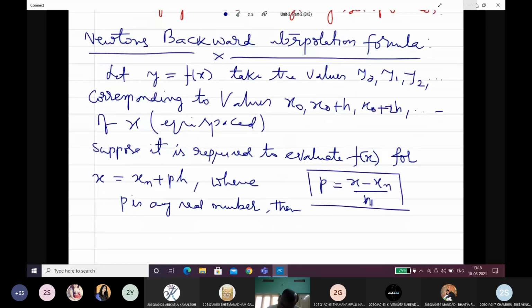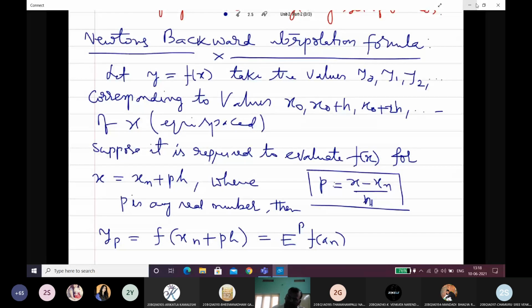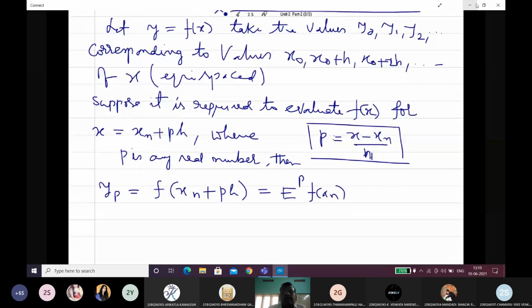Now yp is equal to f of xn plus ph, that is equal to e power p f of xn. e power p can be written as e power -1 whole power minus p.